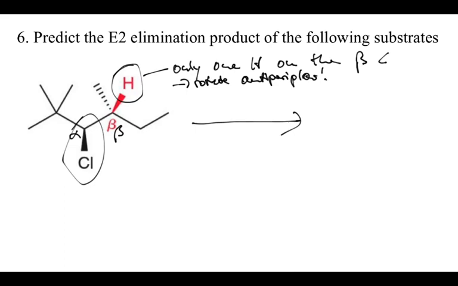So here's how you do it. You see this carbon-chlorine bond down here is coming forward toward you, okay? Which one of the bonds here on this carbon is anti-periplanar to this bond right now? This one. You guys see that? If you draw a Newman projection, you see they're anti-periplanar to each other.